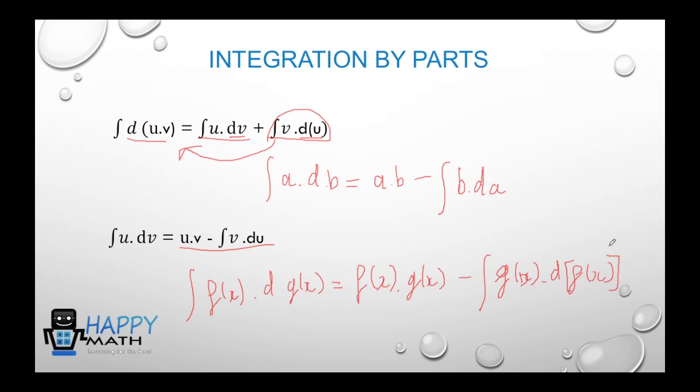That's a quite easy way to understand. First, you multiply the two main functions together and subtract the integral with the positions of the two main functions swapped. Okay, so let me apply this technique to a specific exercise.